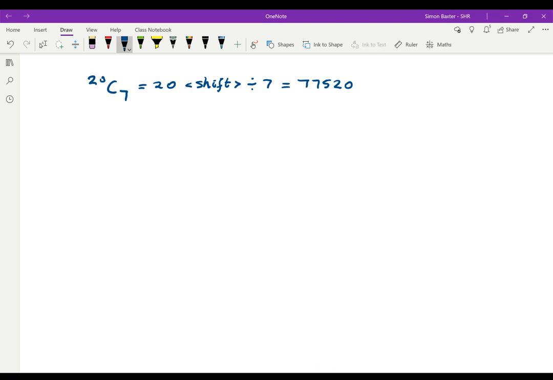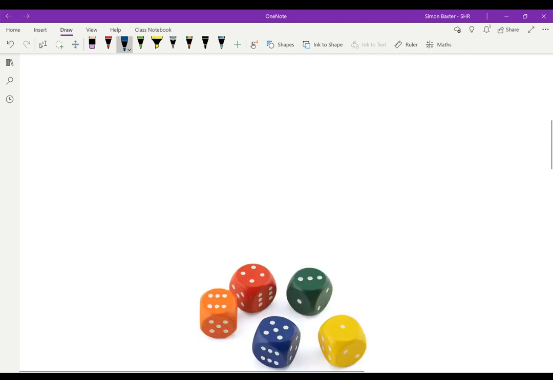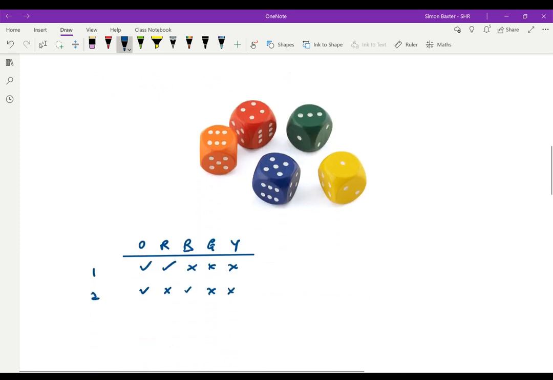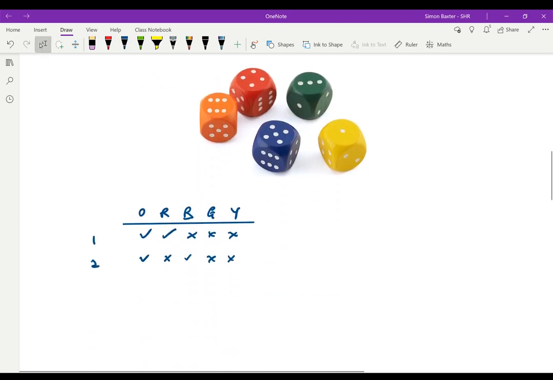You've probably got some idea, or you should have some idea, that nCr is the number of ways you can choose r objects from n. What I want to do now is just to illustrate that idea. First of all, just look at 5 different colors of dice: orange, red, blue, green, and yellow.